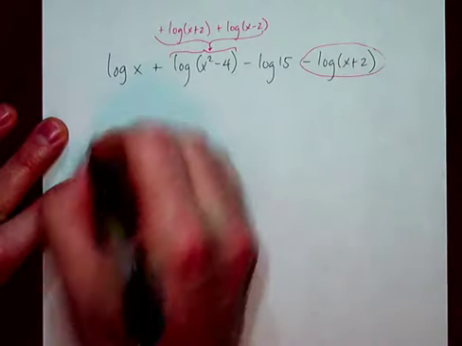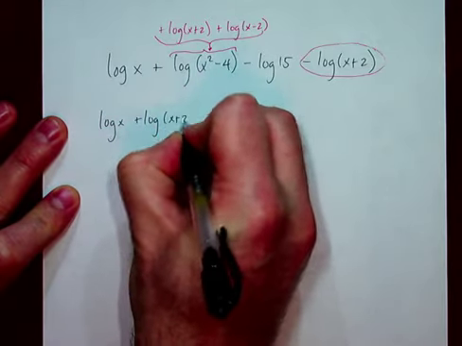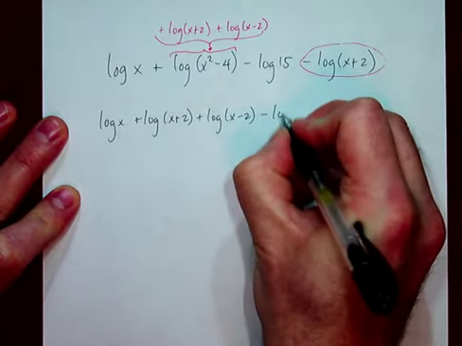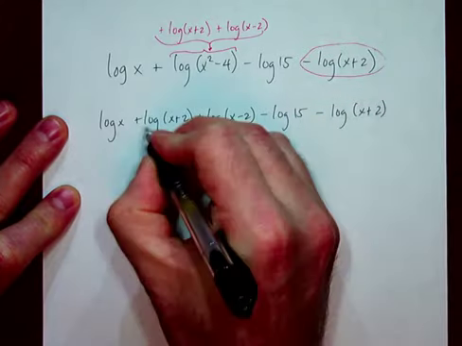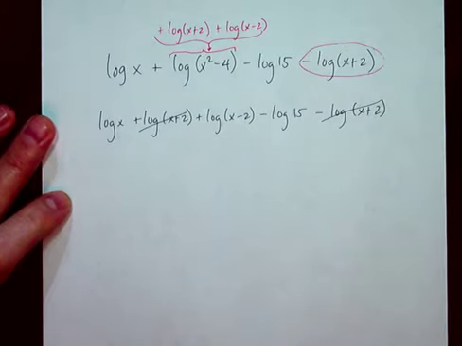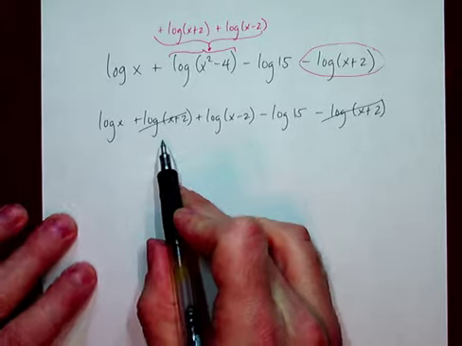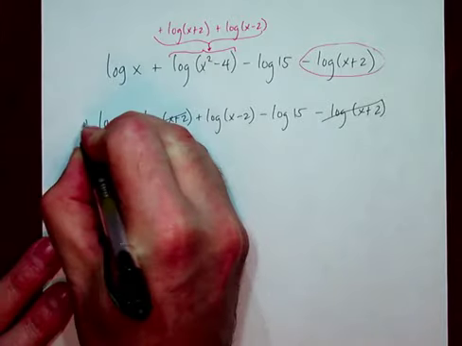So what we have here is log x plus log of x plus 2 plus log of x minus 2 minus log of 15 minus log of x plus 2, and boom, boom, those cancel out. Now, here's the thing. They are terms here. Once you actually condense it, they would be factors of the argument, and of course the argument would have a rational structure since I have both positive and negative logarithms here.